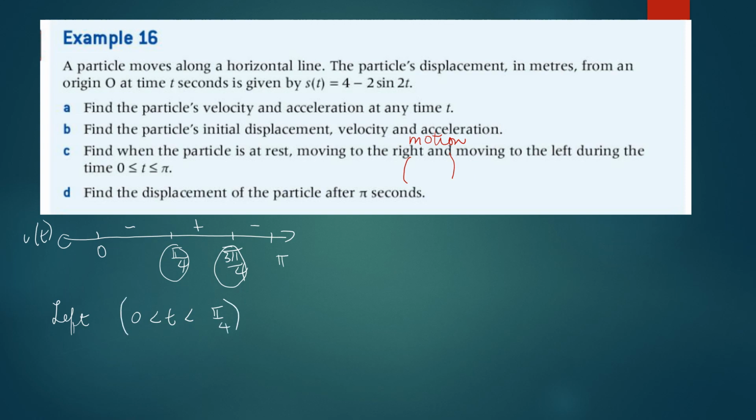And also, from 3 pi over 4 up to pi, it's moving to the left. And it's moving to the right when t is greater than pi over 4 but less than 3 pi over 4.